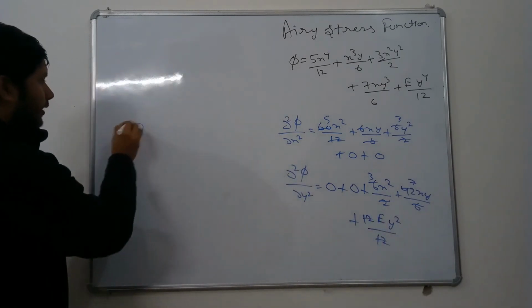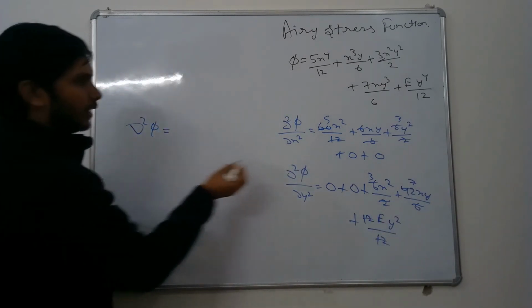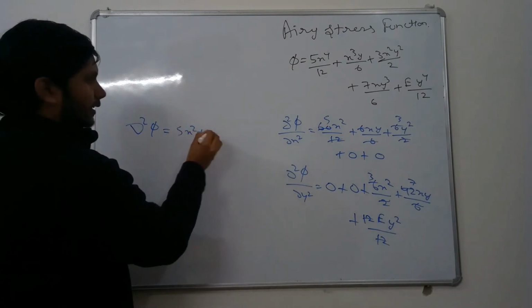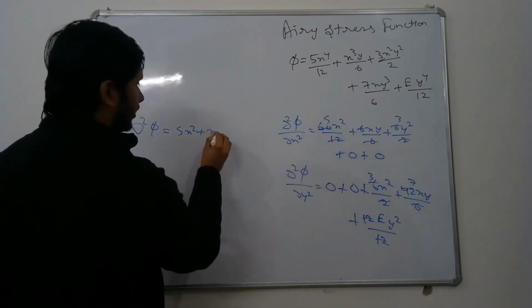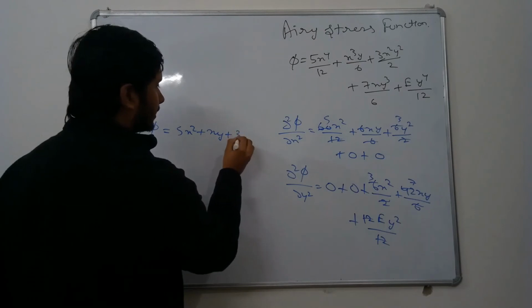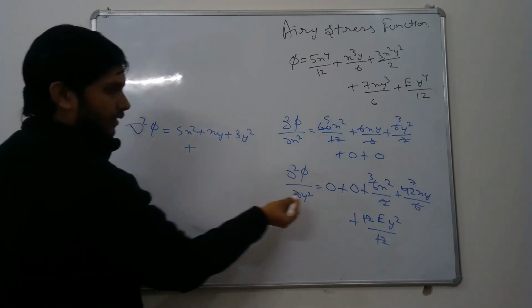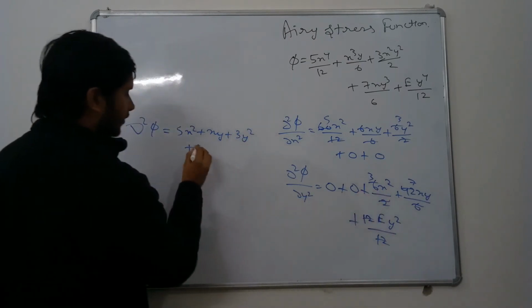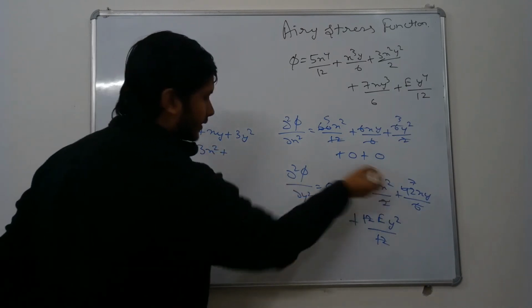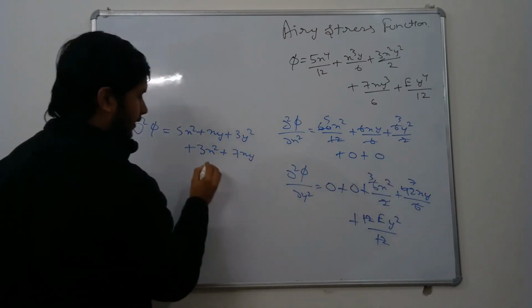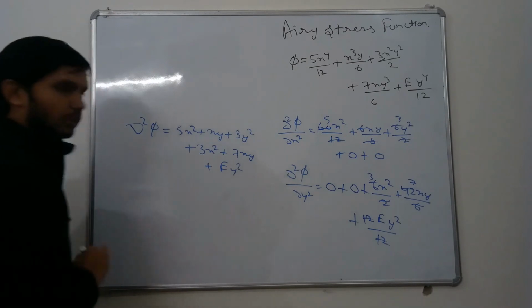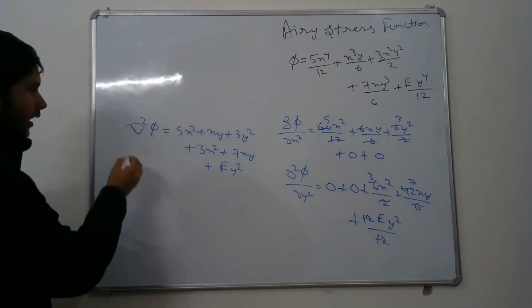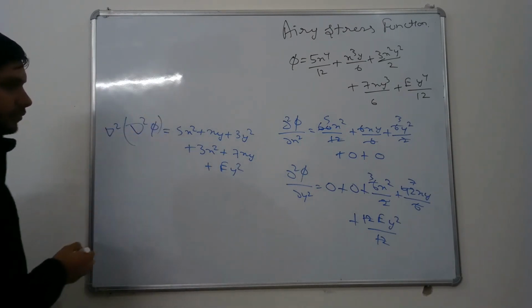Now this will be del square phi, so del square phi is 5x square plus xy plus 3y square plus 3x square plus 7xy plus ey square. Got it?